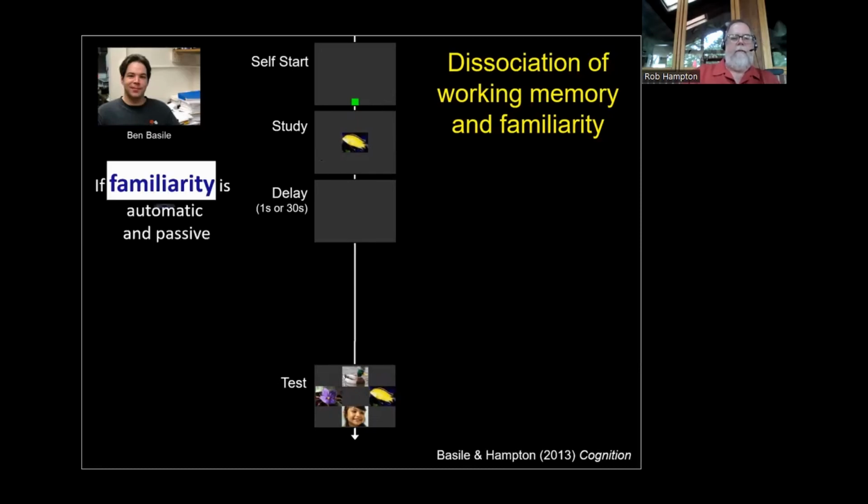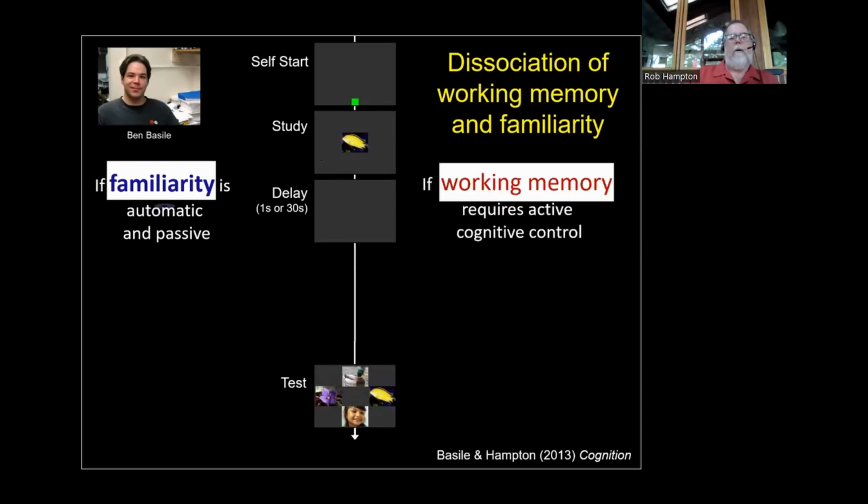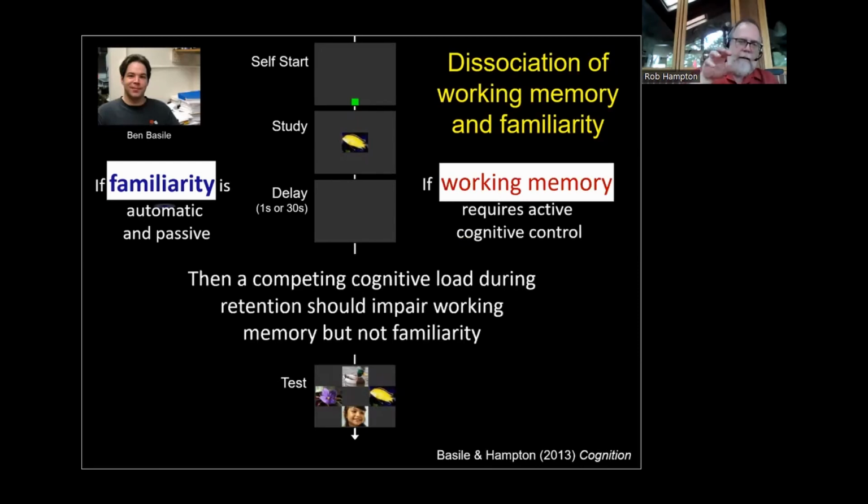Based on the kind of arguments that I just gave you, or definitions about these systems, we're coming in with the hypothesis that if familiarity is automatic and passive, it doesn't require cognitive control. And if working memory is active and does require cognitive control, then if we do manipulations during the delay period that cause the animal to engage in a cognitive activity that might compete with holding the image in mind, retention should be impaired in the case of working memory because you're having to use cognitive control, but it wouldn't be affected in the familiarity case because you don't have to do anything during the delay to retain your familiarity signal.